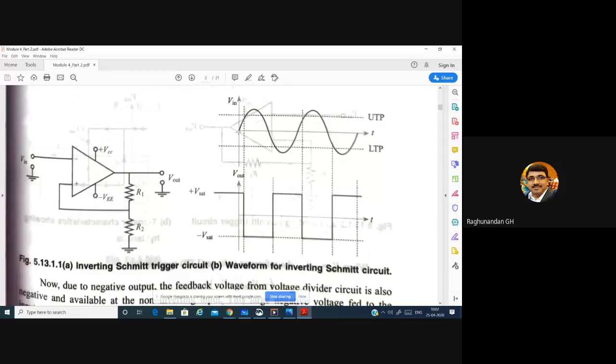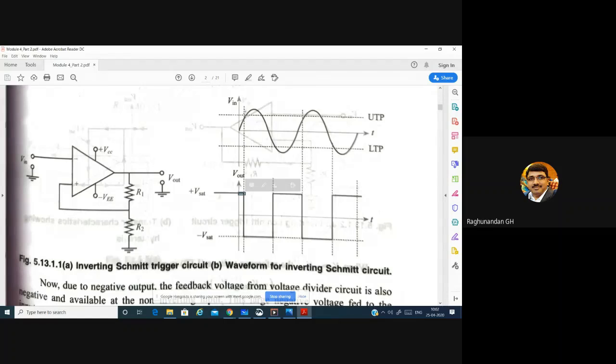Whenever the input is lesser than the UTP value, the output will be in positive saturation, and you will be getting the output at plus Vsat.